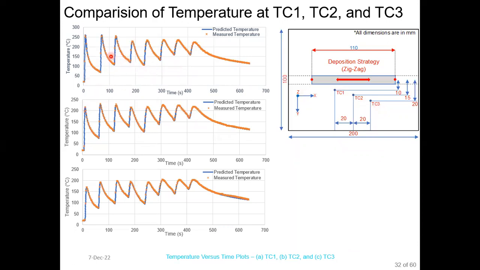In these figures, the continuous blue line represents the values predicted from the model, and the star represents the values measured from the experimentation. We can see a complete similarity between the trend of variation of these two types of results in all those locations. However, there are some differences of magnitude, which does not exceed 10%.